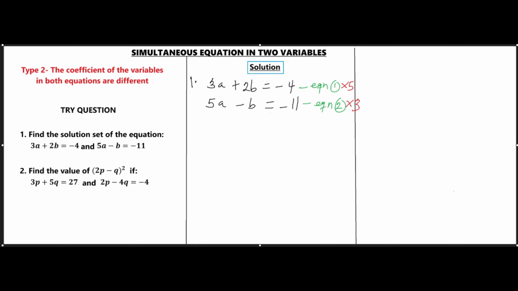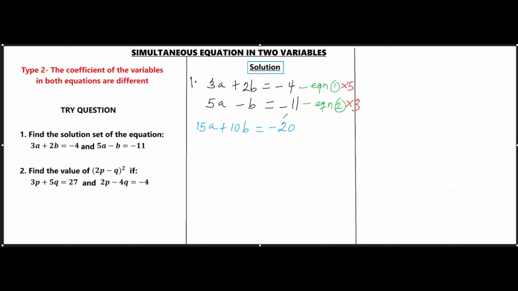So to eliminate a, as we said, we need to generate a different set of equations. To get the different set of equations, look at the rule. We have to multiply equation 1 by 5. Let's do that. 3a times 5, we have 15a. 2b times 5, we have 10b. And then -4 times 5, we have -20.